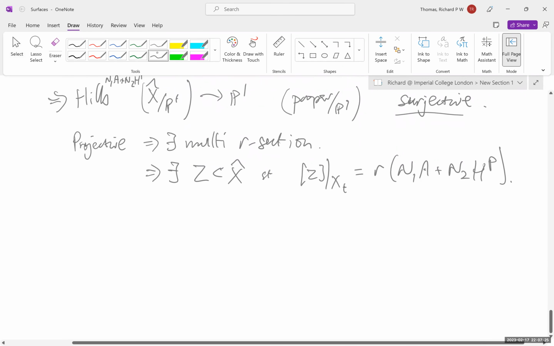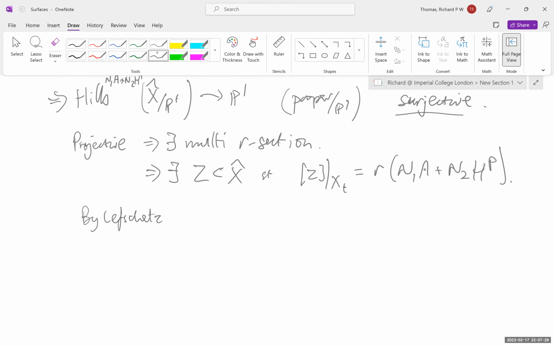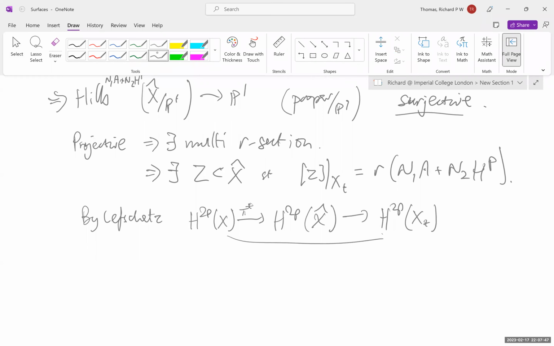Okay, because by Lefschetz, there's always Lefschetz in this subject. This sequence of maps here, pulling back to H^2p of X hat, and then restricting to a fiber, this is an isomorphism.